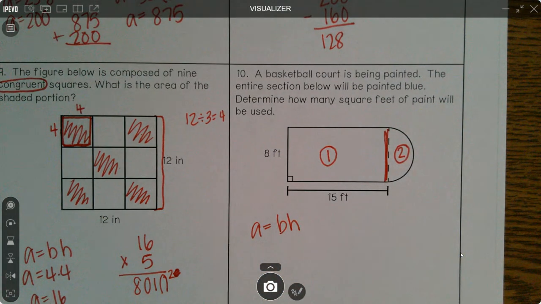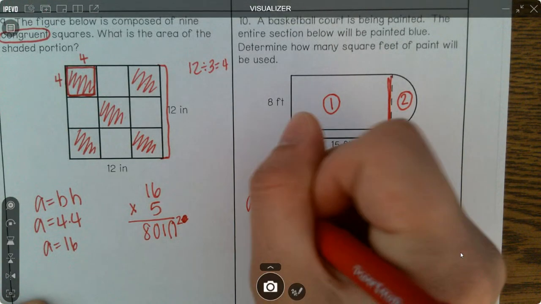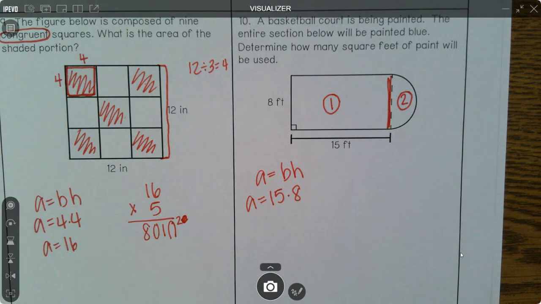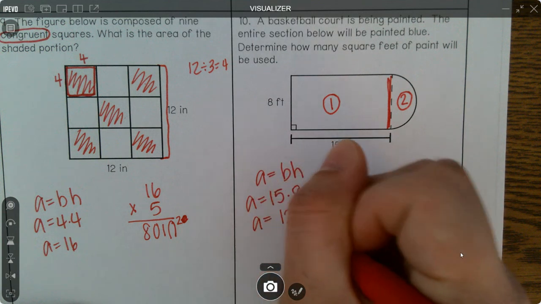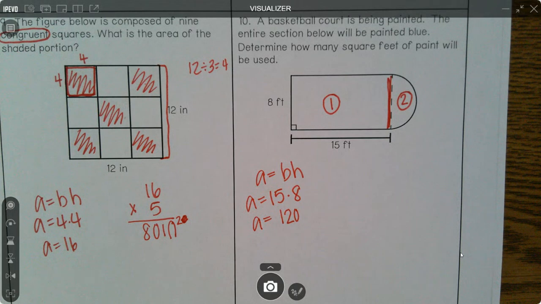And if I fill in my values, I have a base of 15 and a height of 8. What would that give me for the area of that rectangle? It's going to give me a total area of 120, yes? Okay, now let's look at figure 2.